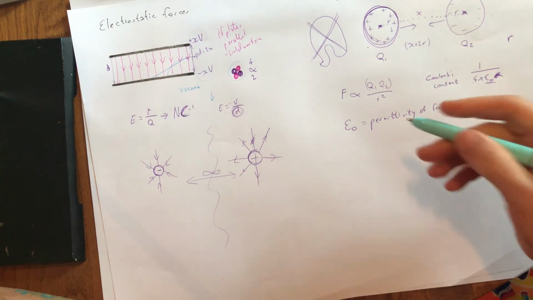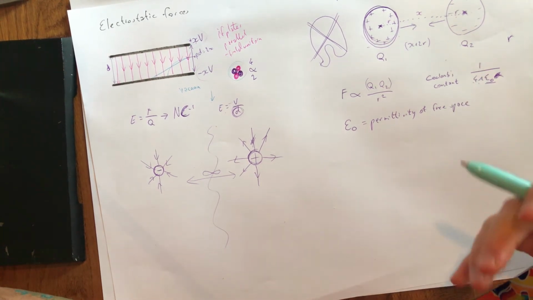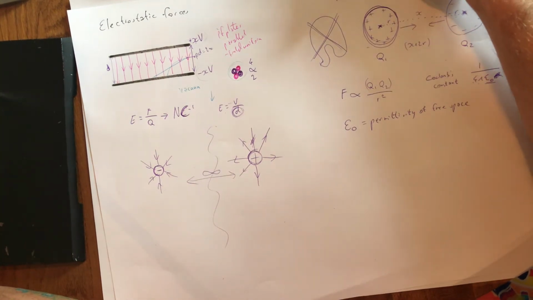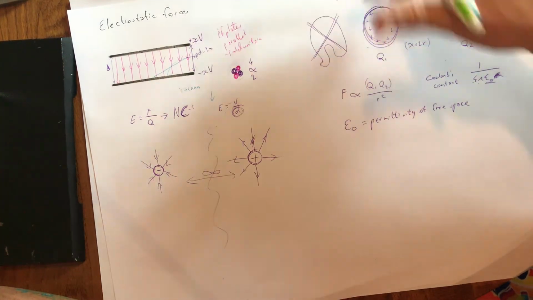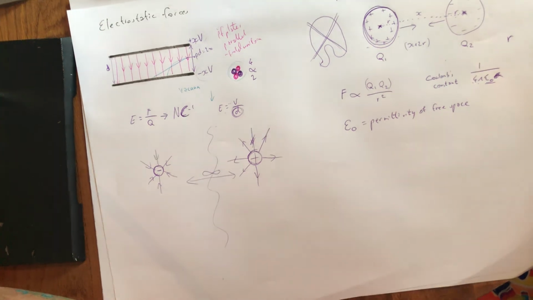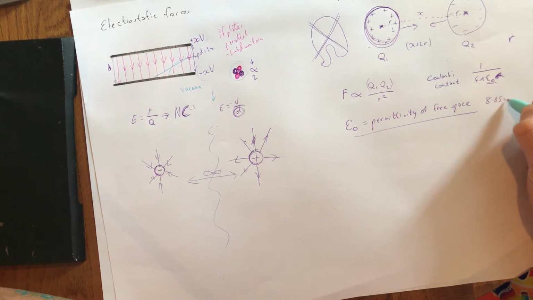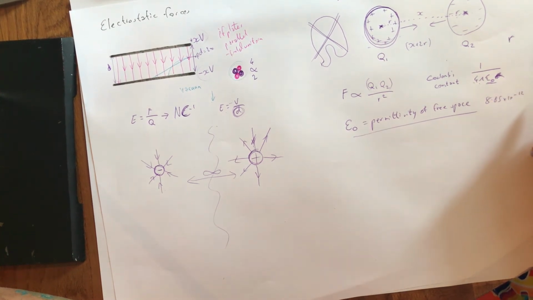Permittivity basically tells us how well the actual physical space that the universe consists of admits the electric field, or how well the electric field penetrates a vacuum. So you don't need to remember it. It is given to you in the data sheets, but it is 8.85 times 10 to the negative 12. I don't remember it. I've just read it off my computer screen. And the quantity is farads per meter.